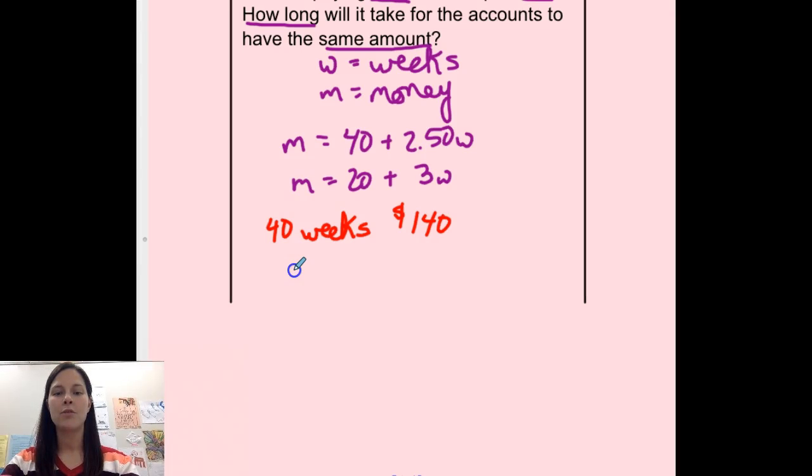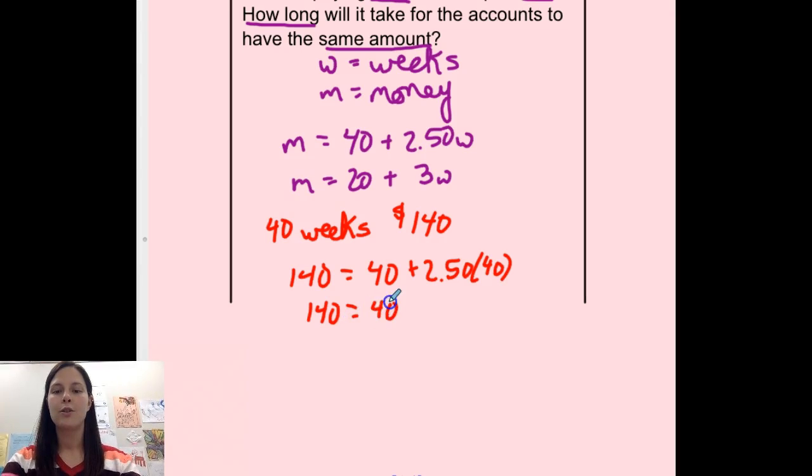In Johnny's equation, we're substituting $140 for the amount of money he has, and we're substituting 40 for the number of weeks that he's leaving his money in this account. Simplifying on the right-hand side, 2.50 times 40 gives us $100, and of course 40 plus 100 is $140. So it checks out.